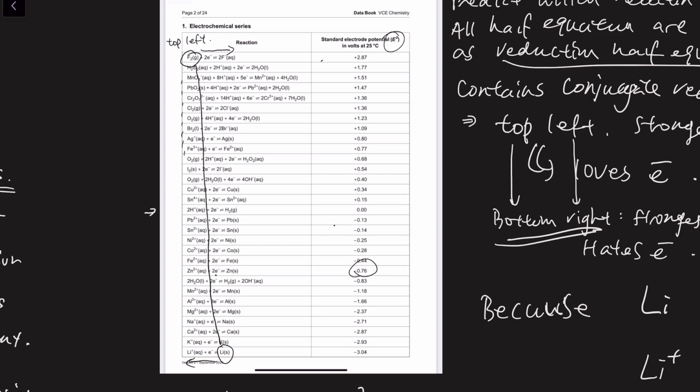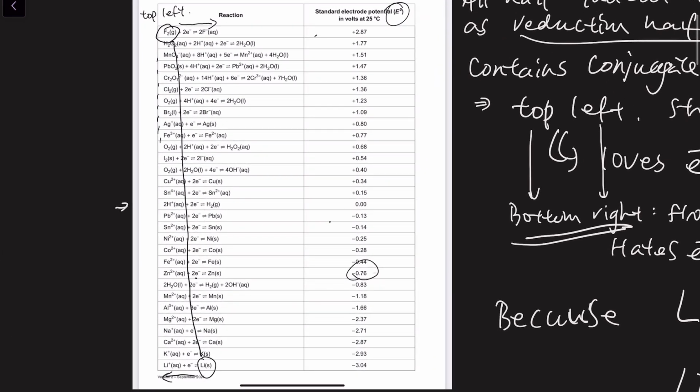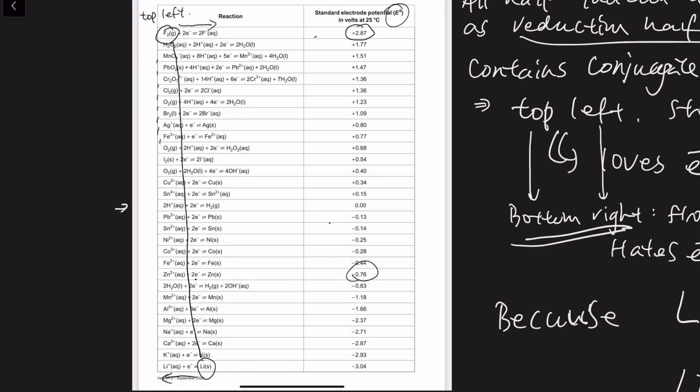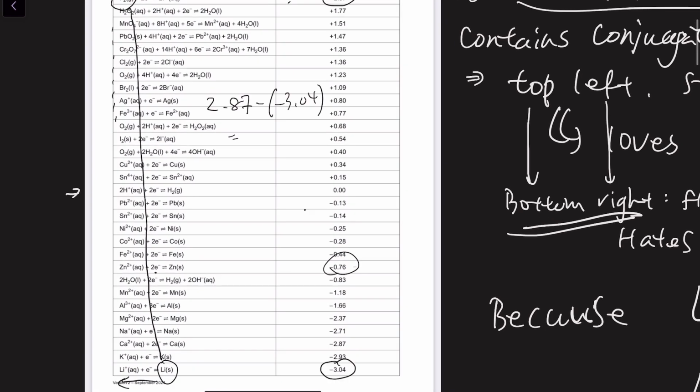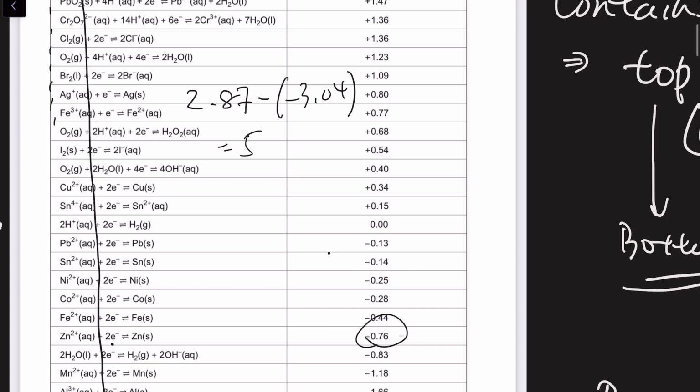So what is the theoretical voltage of this galvanic cell? You just take the difference between the two. So 2.87 minus negative 3.04, you get 5.91 volt.